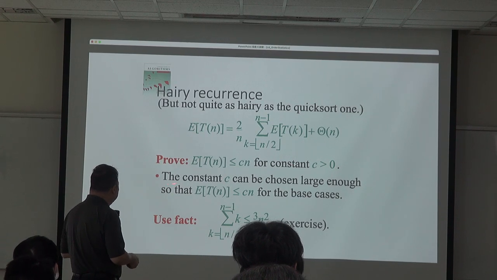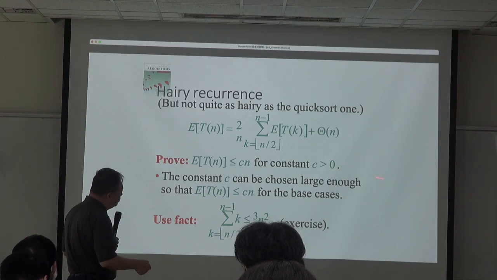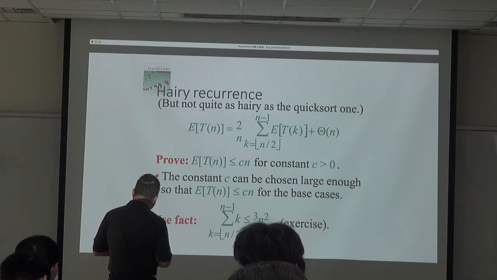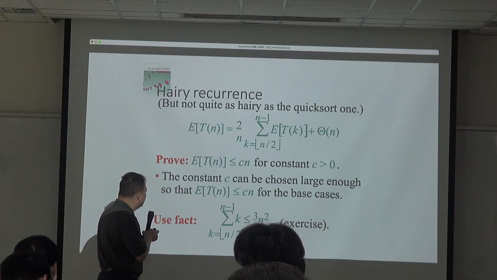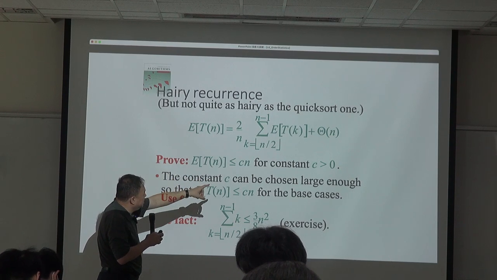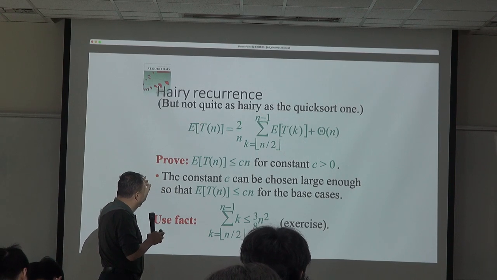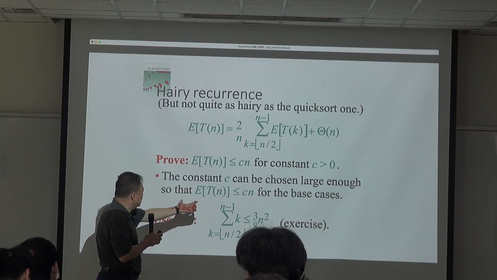So how do we do this? We still need help from an inequality. First, we need to make sure that in the base case, this C is chosen big enough so that this thing holds.